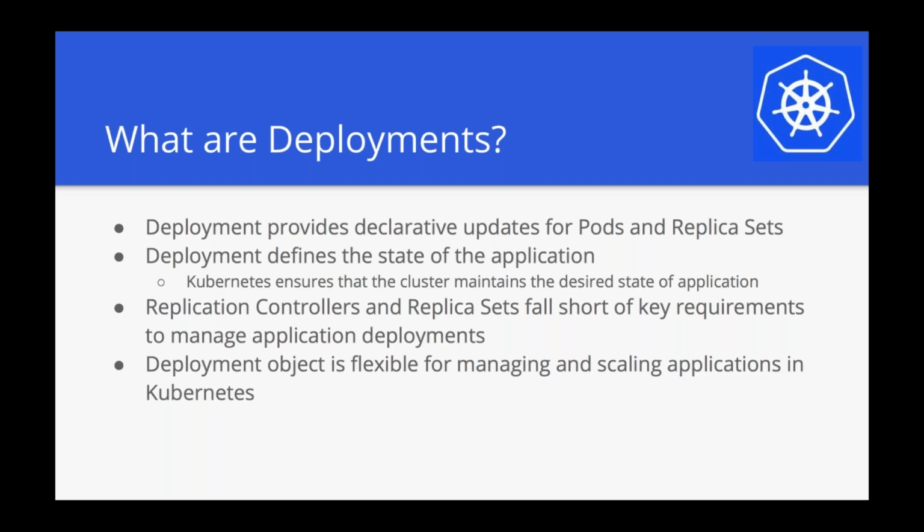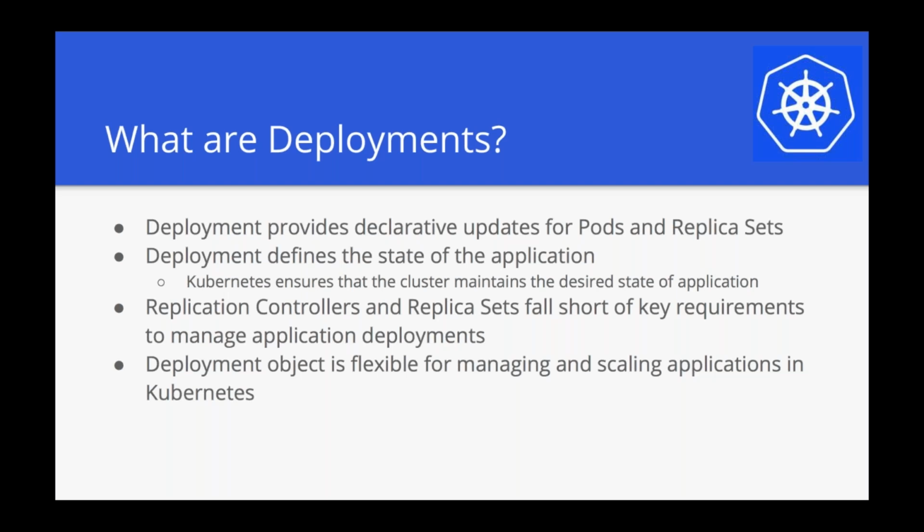So you can basically state the configuration, and Kubernetes will ensure that your entire state of application is maintained the way you declared it. So deployments will ensure that the cluster maintains the desired state of application all the time.